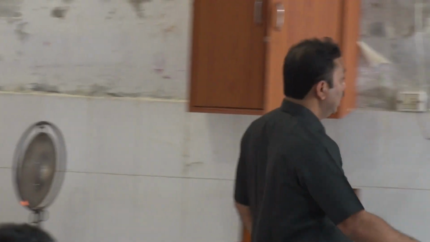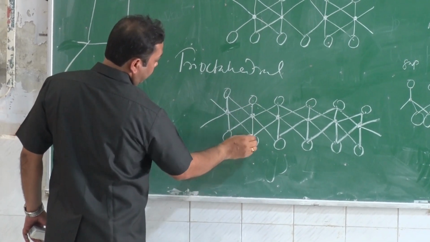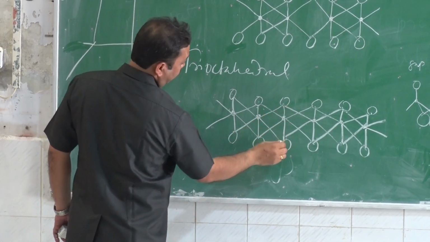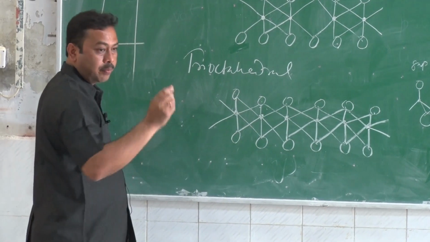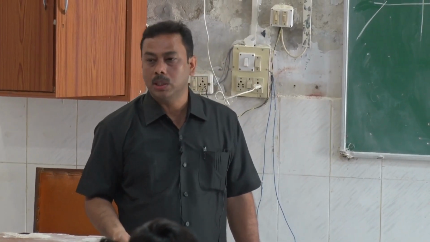Right? Any one you take, this 1, 2, 3, 4, then 5 and 6. This 1, 2, 3, 4, 5, 6. Clear? Clear? Not clear?